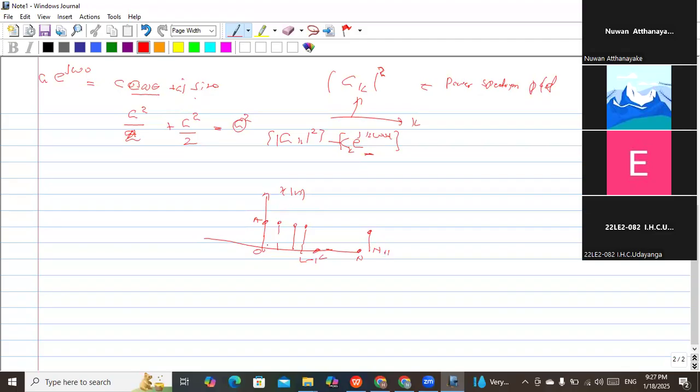If you count from here, 1, 2, 3, when it comes to here, it will be N. So the period of this signal is N.